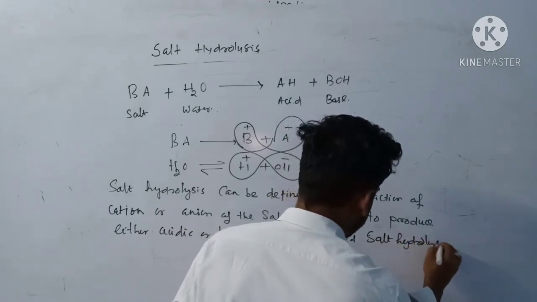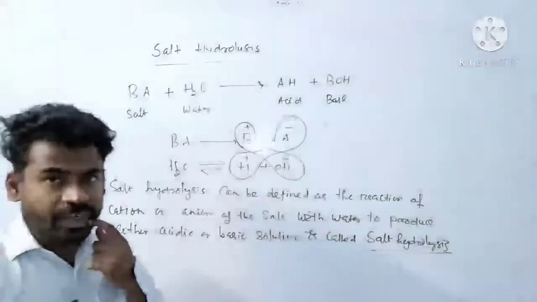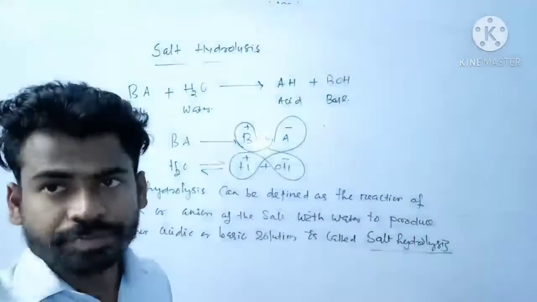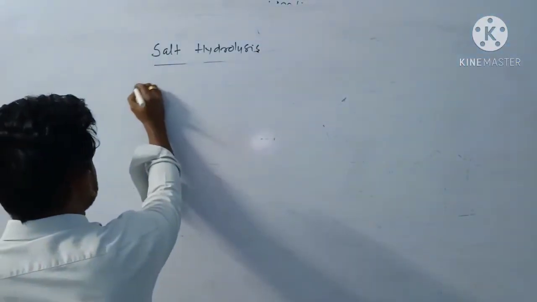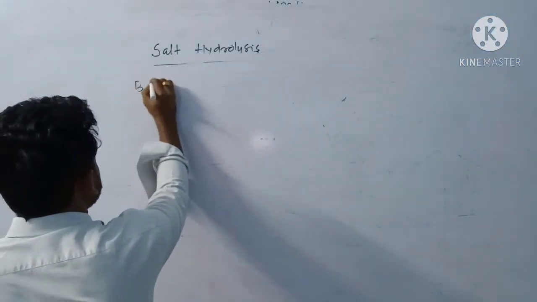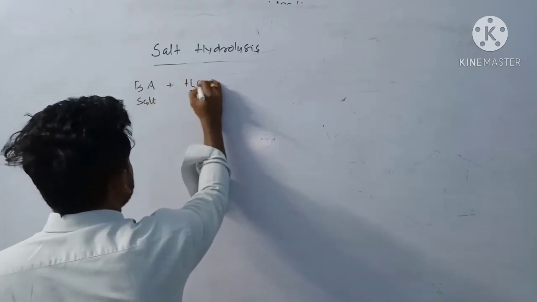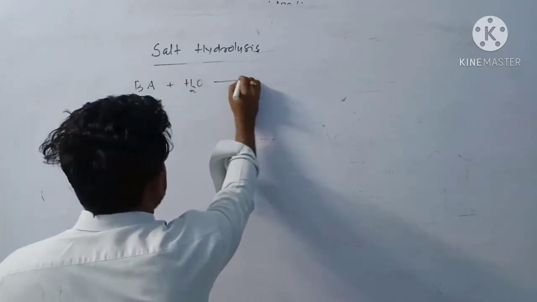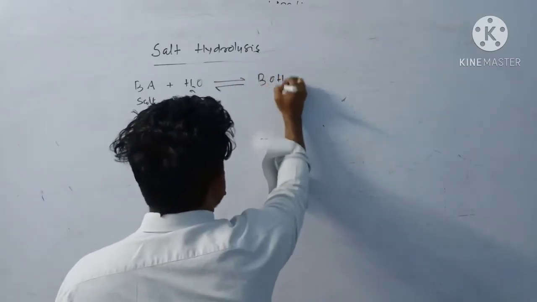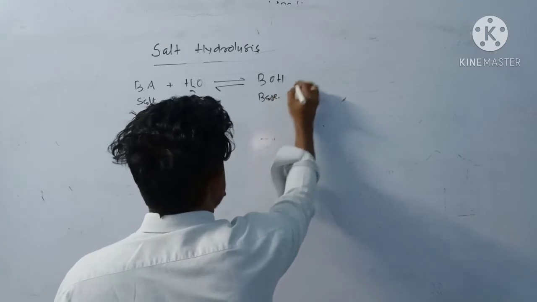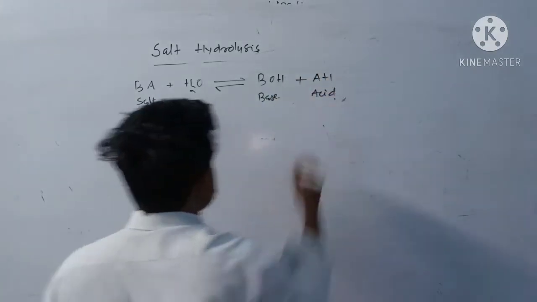In order to understand this statement, let me consider more generally the salt hydrolysis: BA, this one is a salt, plus H2O giving rise to BOH, this one is base, plus AH, this one is acid.